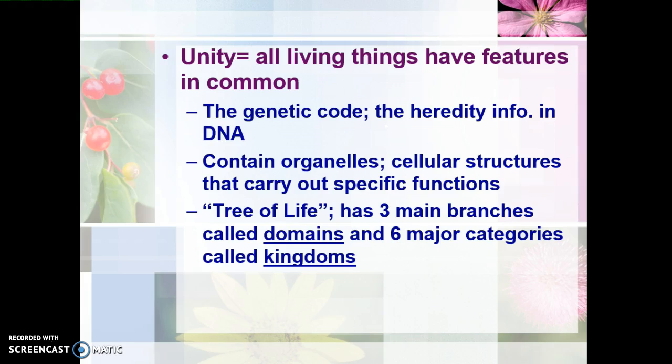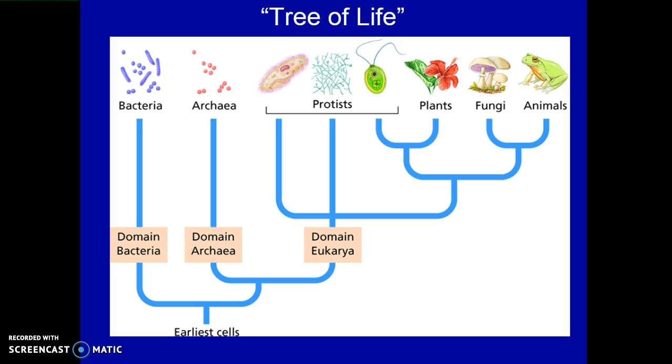And then the tree of life, which we'll talk about when we get to evolution and a little in ecology, has three main branches called domains, and then six categories called kingdoms. We'll talk about how all that fits together in a future chapter. This is an example of the tree of life showing our kingdoms and how they're all related. They're a little different from each other as well, so it shows our unity, since they're all related, but diversity in that they're all different in form and function.